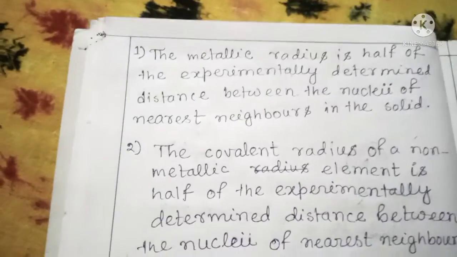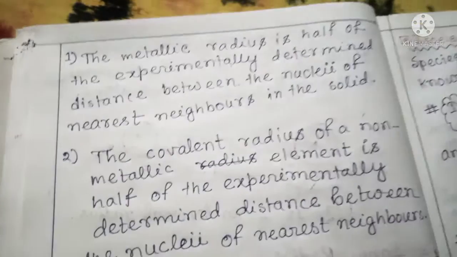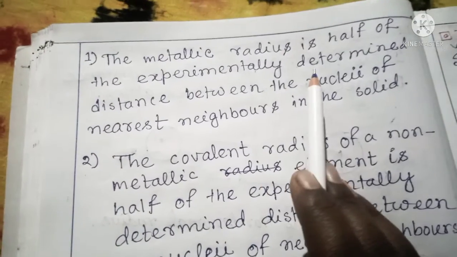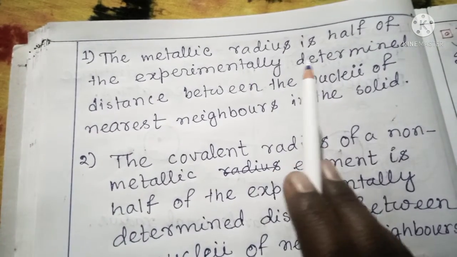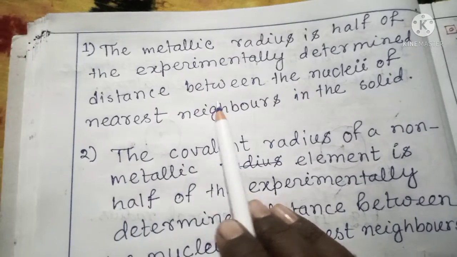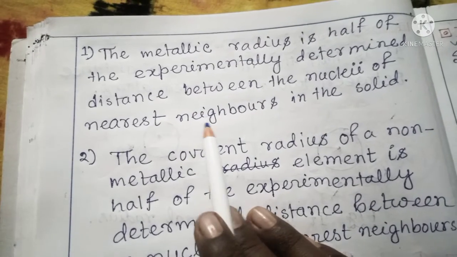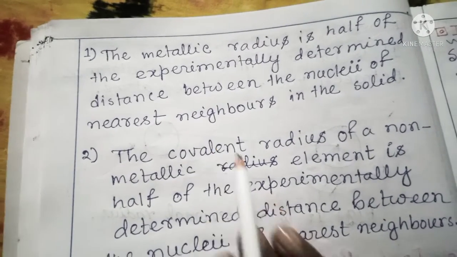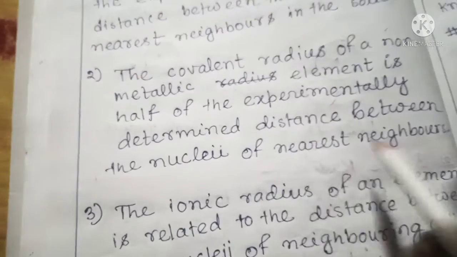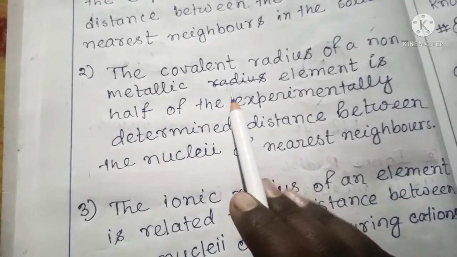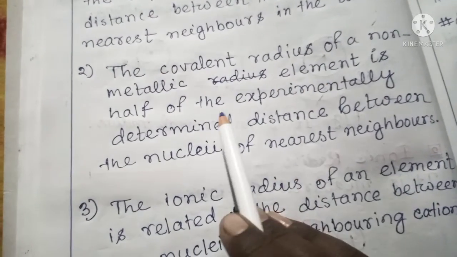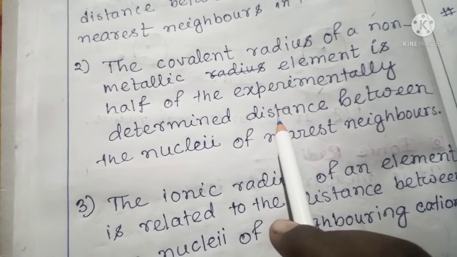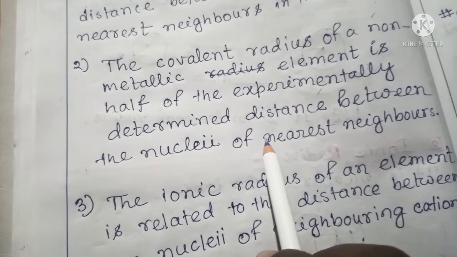So lastly, let's see the conclusion. The metallic radius is half of the experimentally determined distance between the nuclei of nearest neighbors in the solid. The covalent radius of a non-metallic element is half of the experimentally determined distance between the nuclei of nearest neighbors.